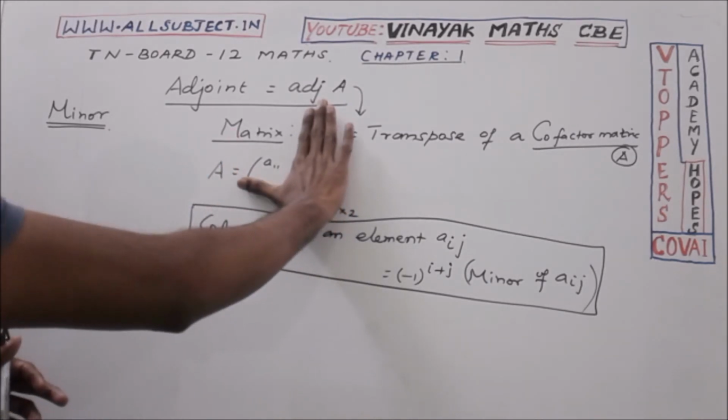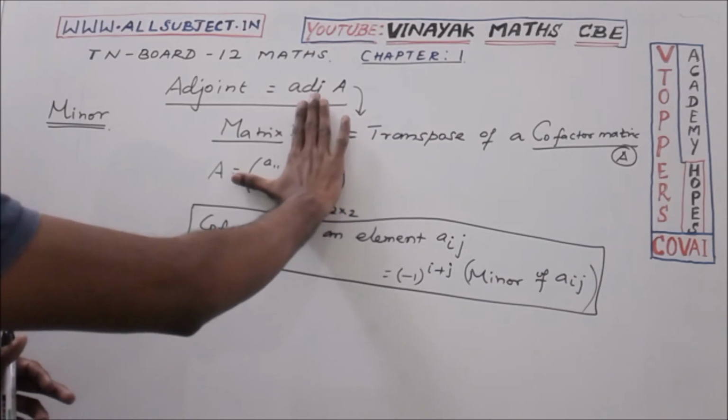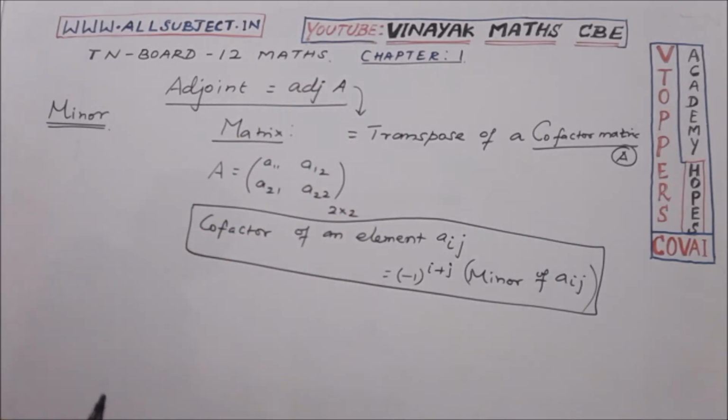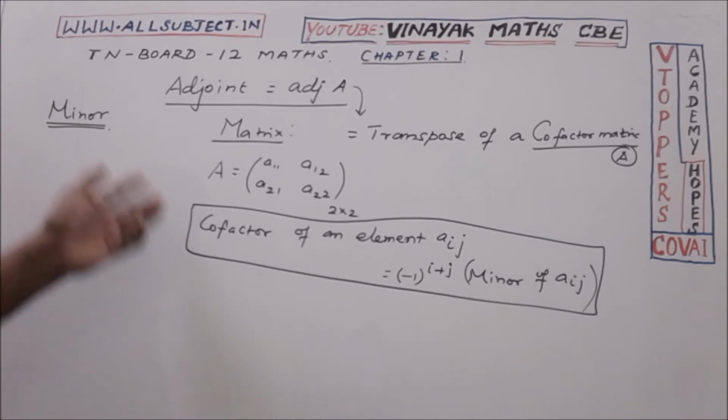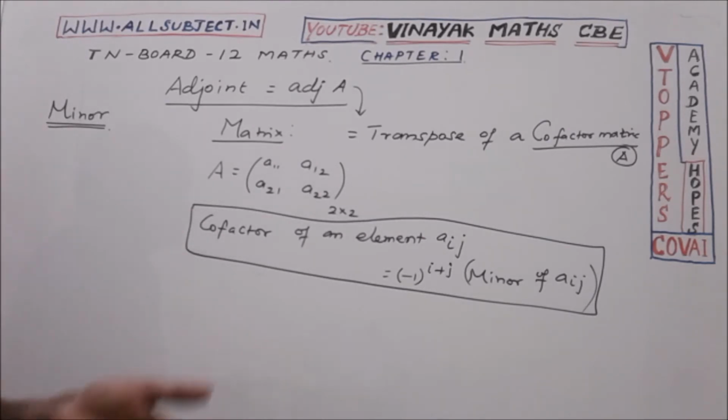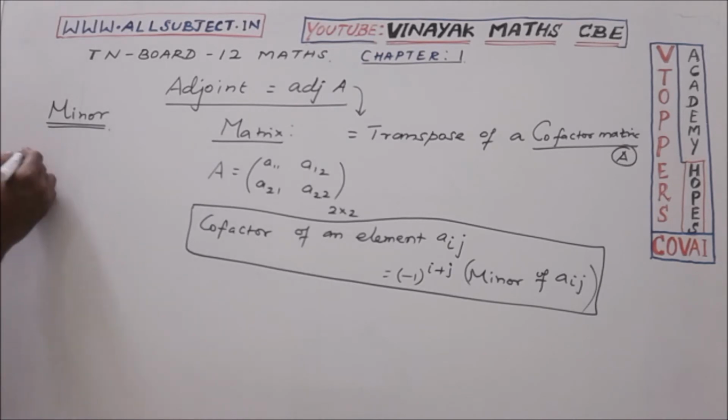So eliminating these, we have A11 as the minor value. Calculating the minor value in a 2x2 matrix is very easy. Just eliminate the row and column in which the corresponding element is present and write the remaining value, that is known as the minor value.